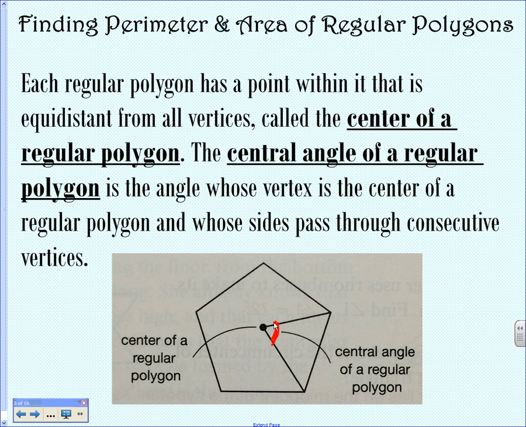How many central angles would I have of a pentagon? 5, because there are 5 sides. How would I find the measure of this little angle? 360 divided by 5. There are going to be 5 of them, and they're all going to be congruent because it's a regular polygon. Otherwise they wouldn't be the same, but they'd still add up to 360.